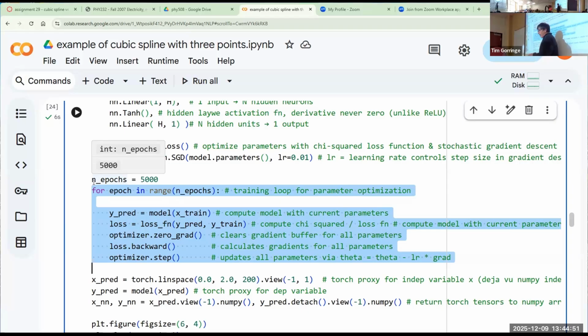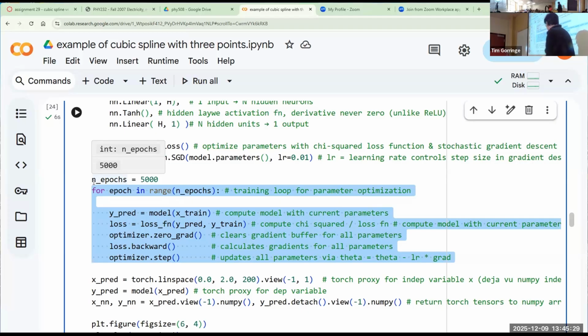We're going to calculate the slope of the chi-squared at our current location, and we're going to take a step down the chi-squared hill, and that's basically what these lines do. I won't go into the details, but this is taking a step in chi-squared, so we're updating our parameters. We're changing our parameters, and then we just go around and around in this loop to find the best values of the parameters.